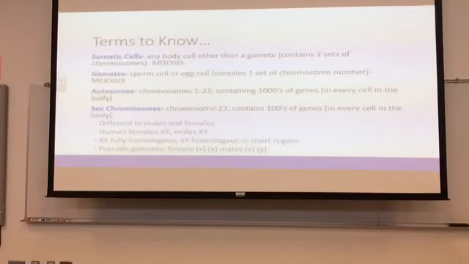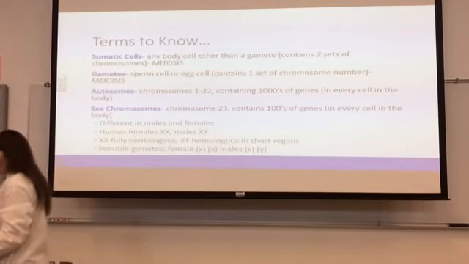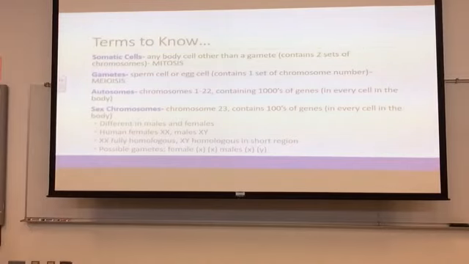Terms to know. I want you to spend a moment and get these, because this is me adding again. There's a huge difference in how much you can understand when you understand just the vocabulary. I'm going to start with somatic cells.